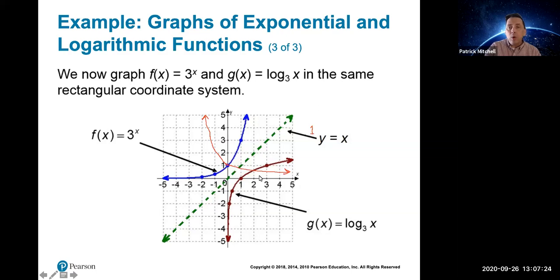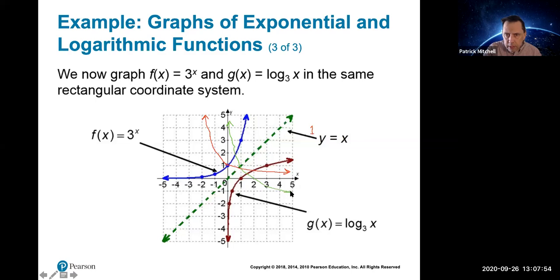Okay, and so your corresponding, let's see, what's a color I haven't used here yet? How about green? Your corresponding logarithmic function would be the reflection of this curve across the line y equals x, and so that would look something like this. It would really be a reflection across the x-axis of the other logarithmic function.